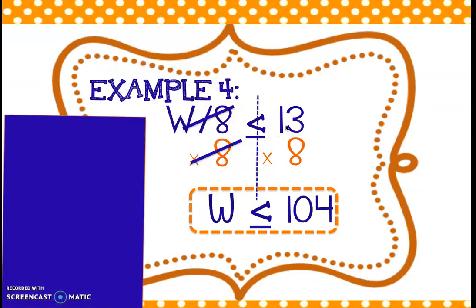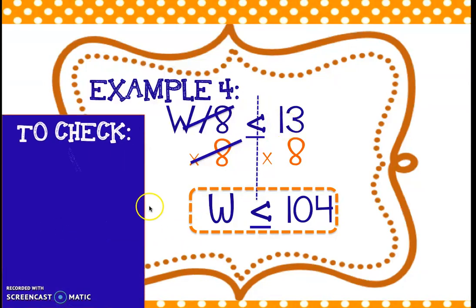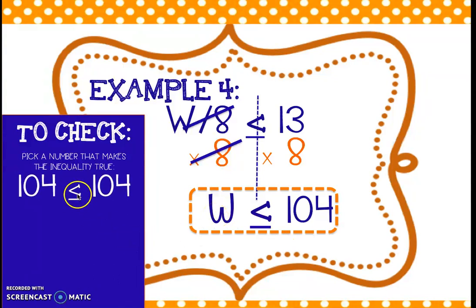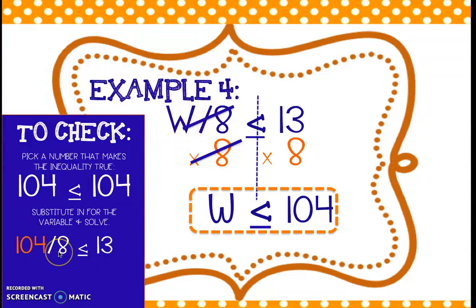So to check, since we have an equal to symbol there, why don't we just pick 104 and see if that makes our equation true? So I'm going to pick 104 because it is less than or equal to, it's equal to 104. So we're going to substitute that in for the W. So we have 104 divided by 8, and we're going to see, is it less than or equal to 13? 104 divided by 8 is 13.